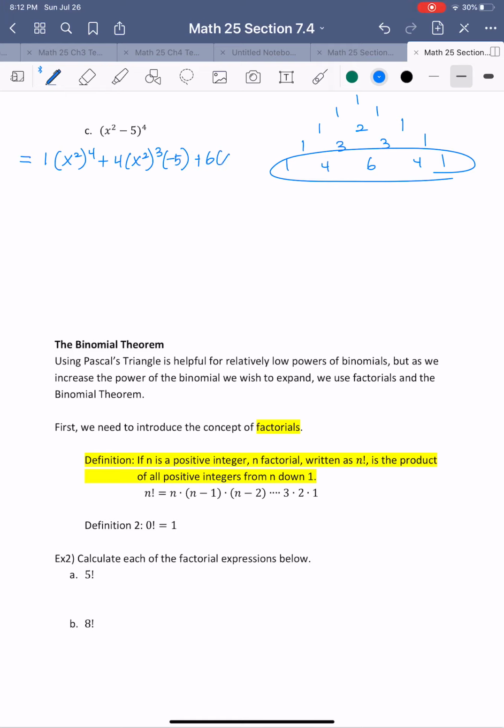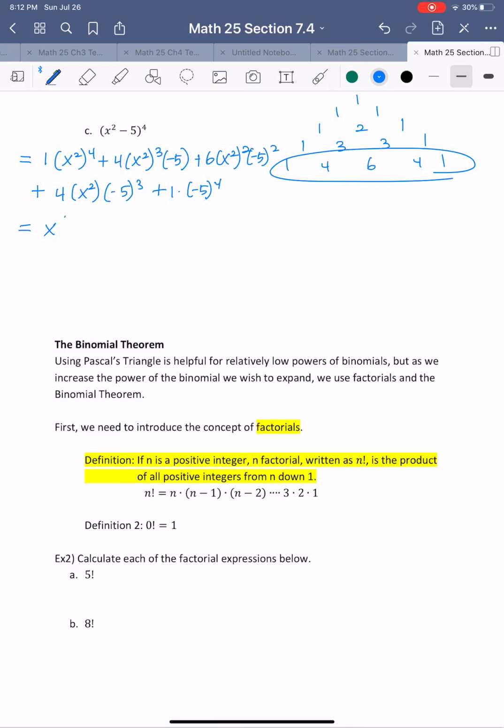Another 6, x squared is decreasing, negative 5 is increasing. And then 4, x squared is decreasing, and negative 5 is increasing. And then the last one is 1 times, x squared is decreasing, and negative 5 is increasing. Since the middle is a negative sign, the even terms are always negative.